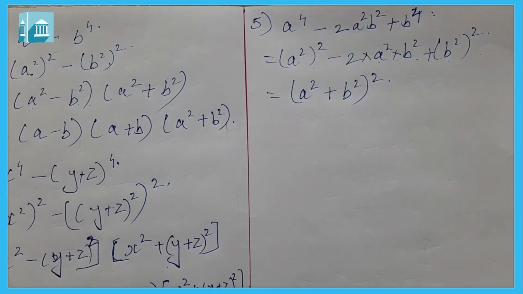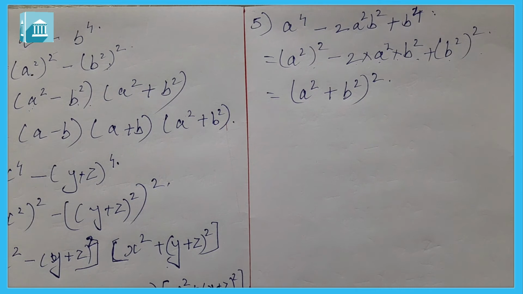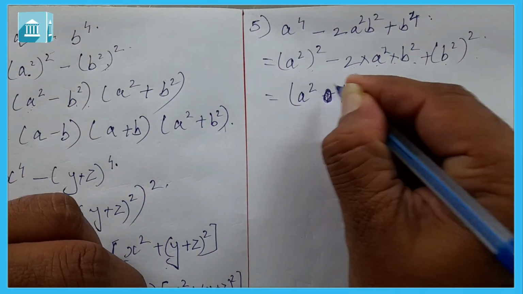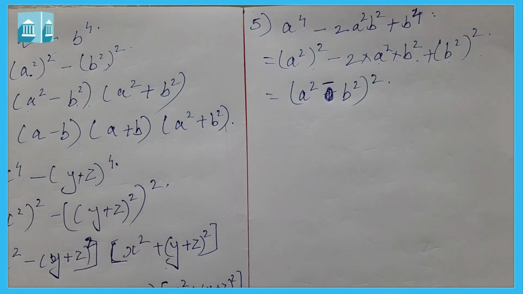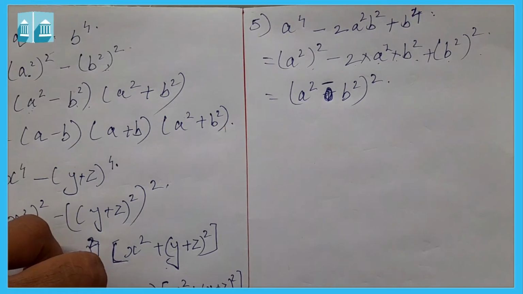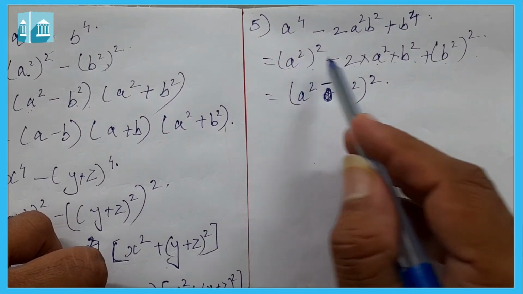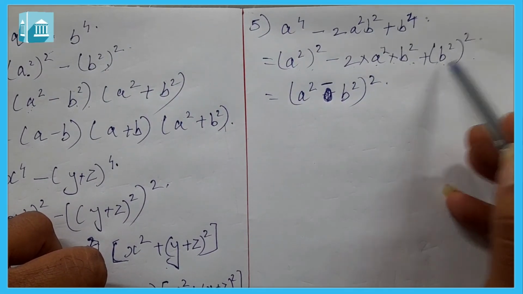So the answer for a to the power 4 minus 2a square b square plus b to the power 4 will be, sorry, (a minus b) whole square, that is (a square minus b square) whole square. Now this is as it is a square minus 2ab plus b square.